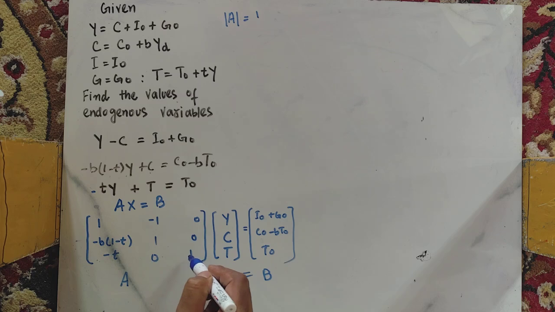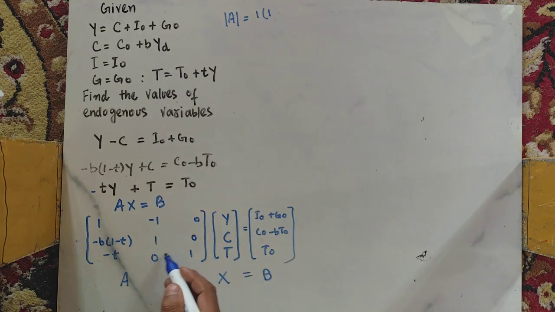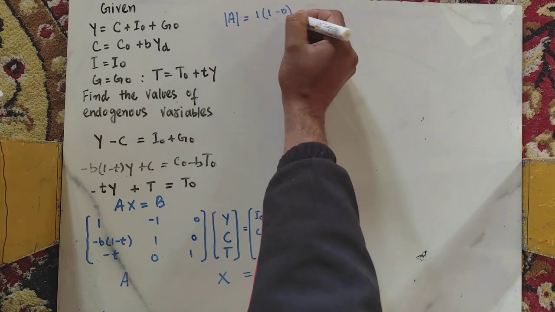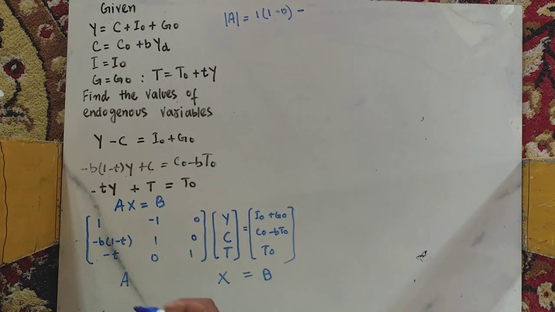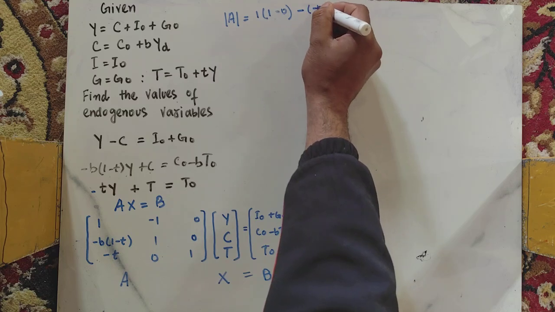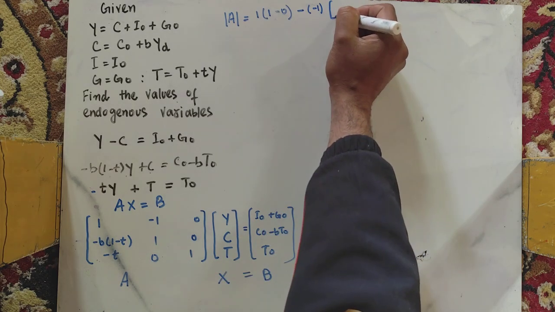So 1 times 1 is 1, so we get 1 here. Then we subtract the product of these two elements, so we have minus 0. Then we write minus, and then the second term, which is negative 1, and delete the row and the column in which it appears and take the determinant of the remaining elements.